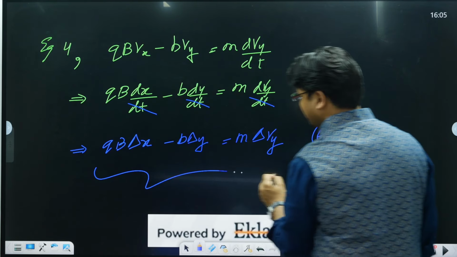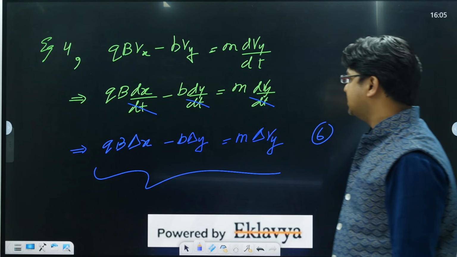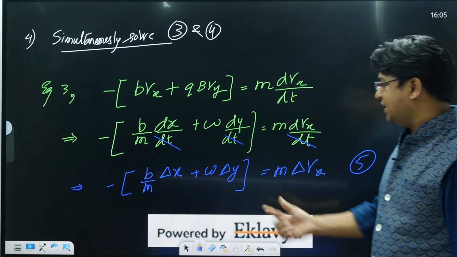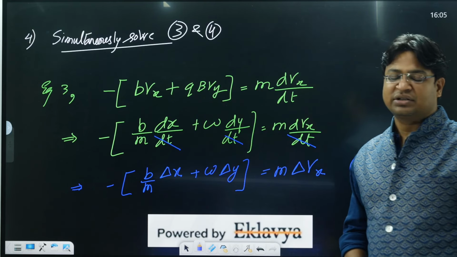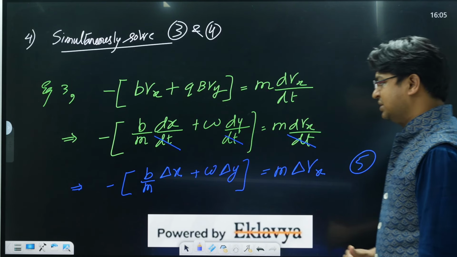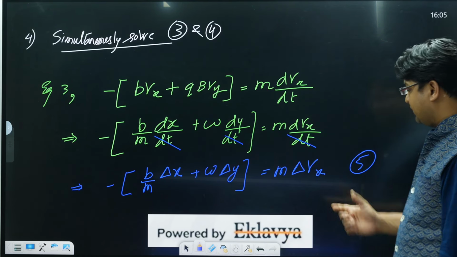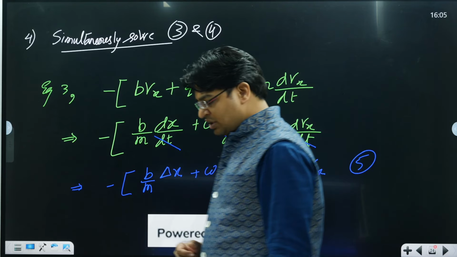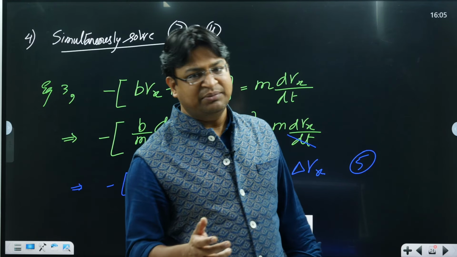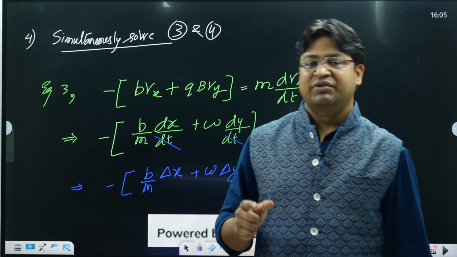Now in equation number 6 and equation number 5, delta x and delta y are the two unknown quantities and the other quantities are known to us. Why is delta Vx known to us? Because we calculated the speed after a specific time and we calculated phi after a specific time.